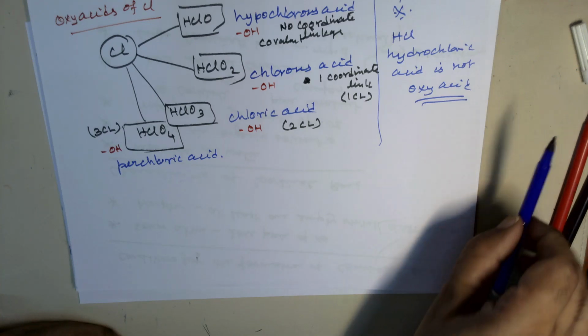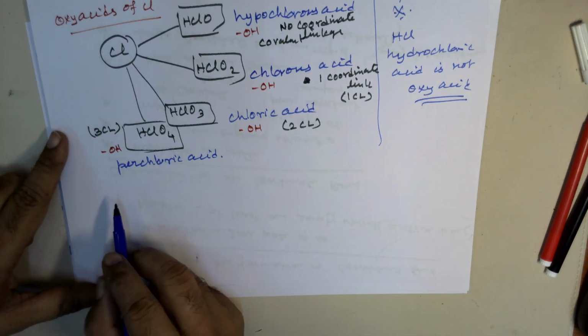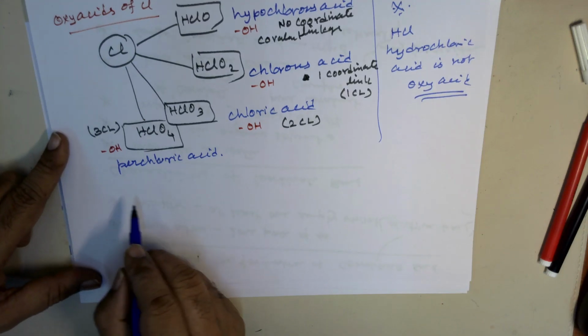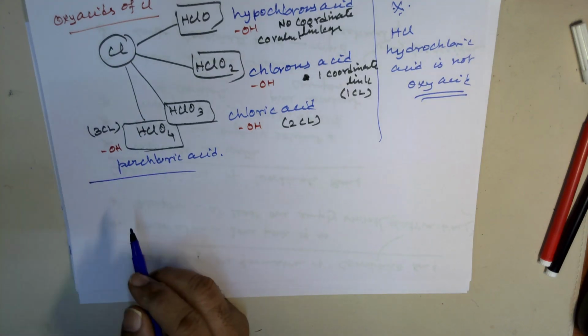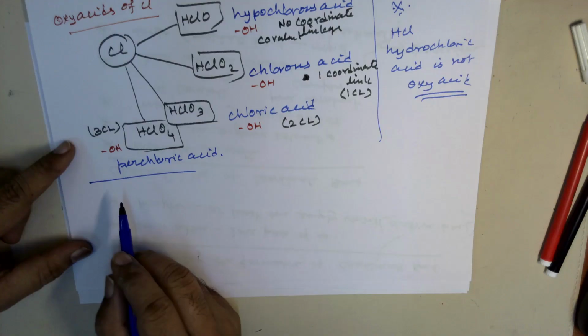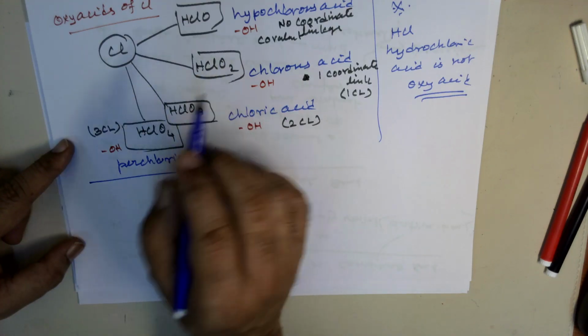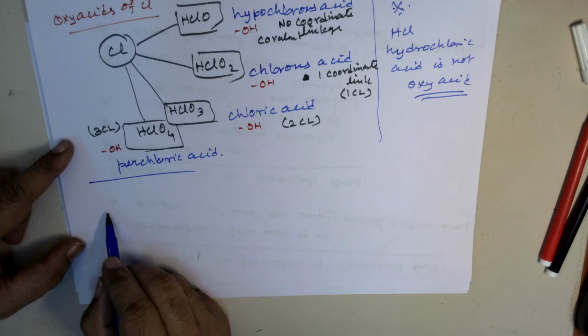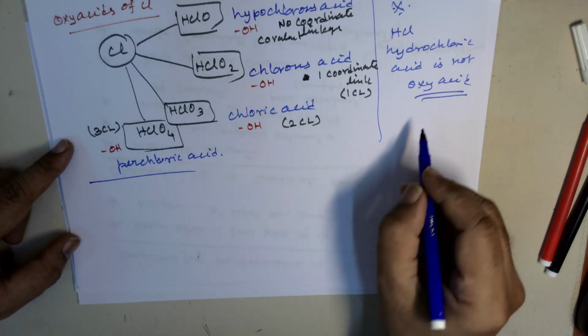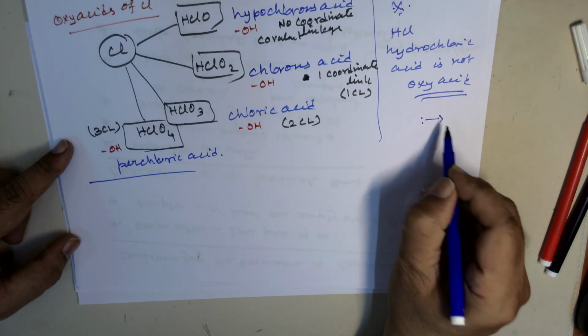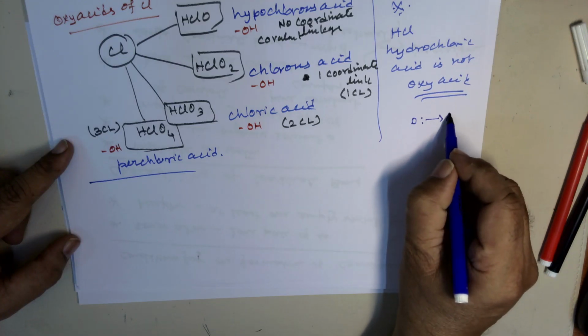Now let us see the formation of chloric acid. And before that, let us draw the structure. First, let me take HClO2. Coordinate link means that a pair of electrons is donated from the donor to the acceptor.